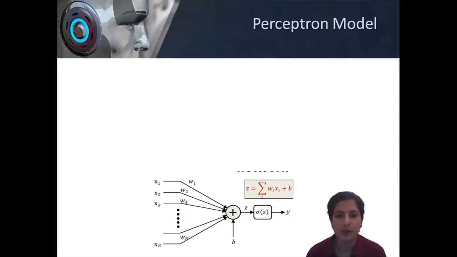But one restriction was that all the inputs needed to have the identical weight. Even when a single input was inhibitory, that is, having a negative weight, my output was not going to be there. The output was 0 because the neuron does not fire in the MP neuron model even if a single input is inhibitory. But this was not the case with the perceptron model.